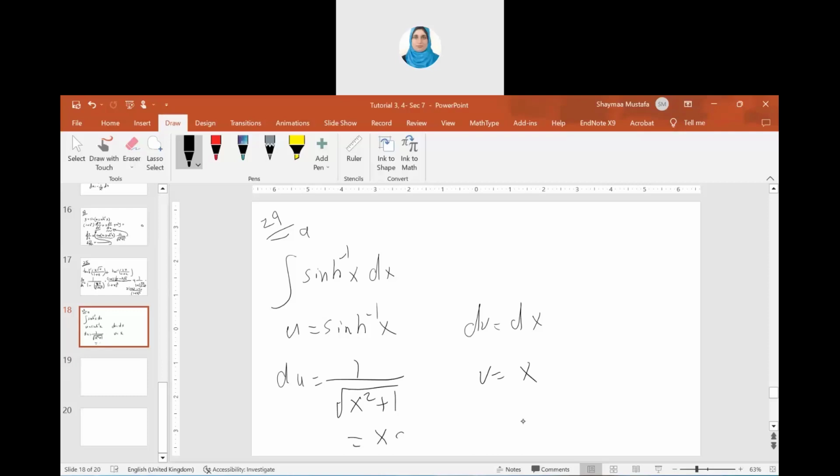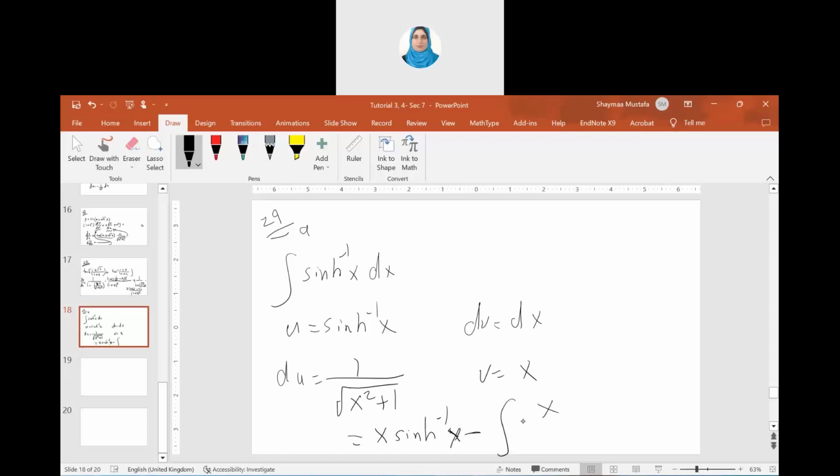So it will be x sin inverse x minus the integration of x over square root of 1 minus x square dx. And this one by substitution. Take u equal 1 minus x square, then du will be minus 2x dx.